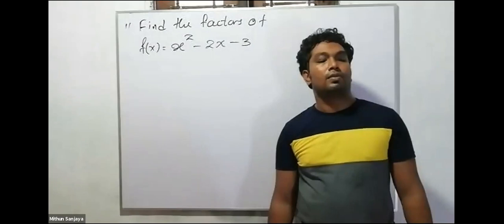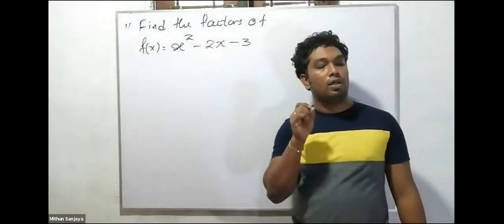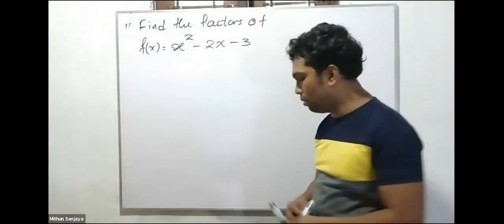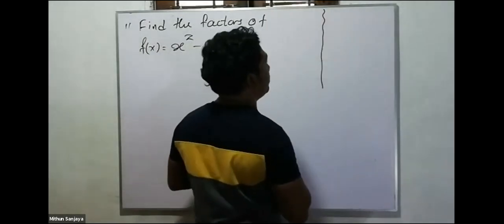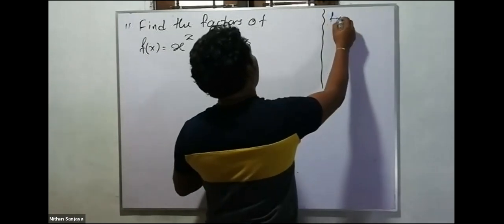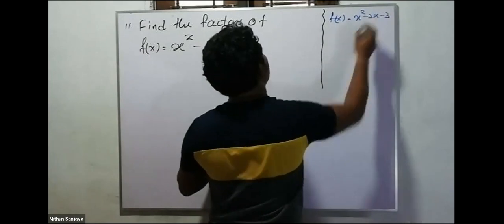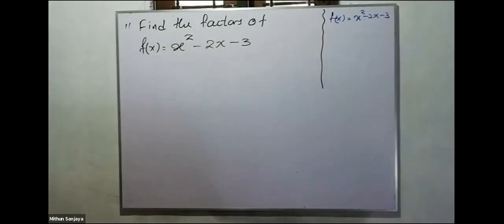How are we using the factor theorem? Now we need to do the rough work here. Suppose this function f(x) is x squared minus 2x minus 3.